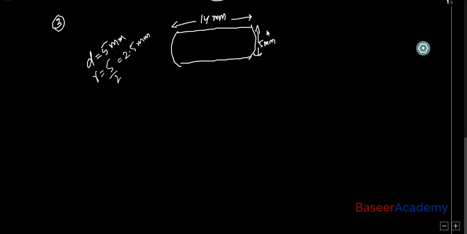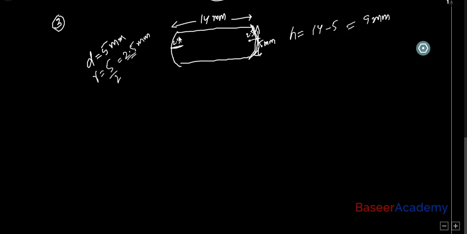So what we have to do is, here we have a hemisphere and the radius of the hemisphere, we know, is 2.5. So I'll have to subtract 2.5 from here, and then the radius here again is 2.5. If I remove 2.5 plus 2.5, which is 5 millimeter, from this 14 millimeter, I get 9 millimeter, which is the height of the cylindrical part.